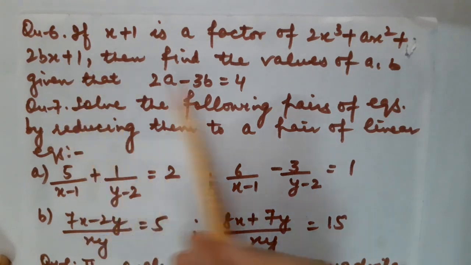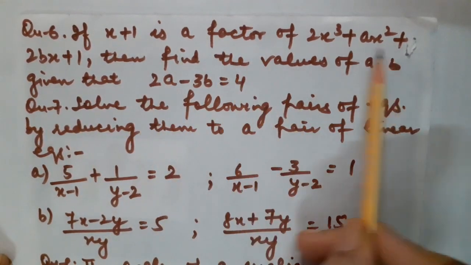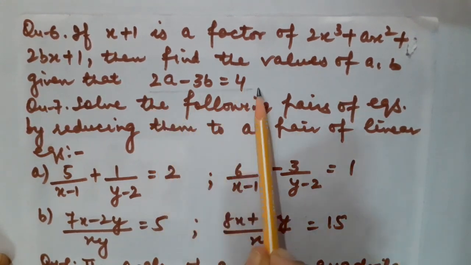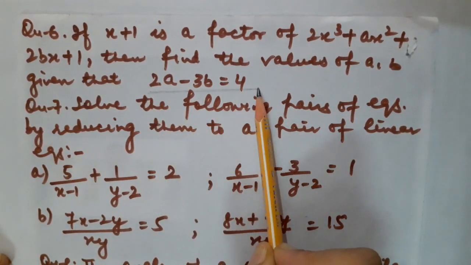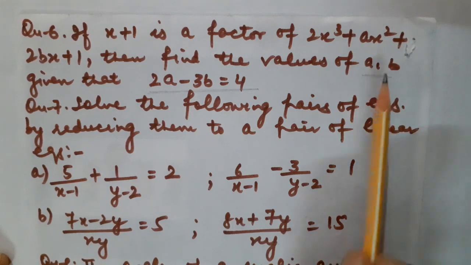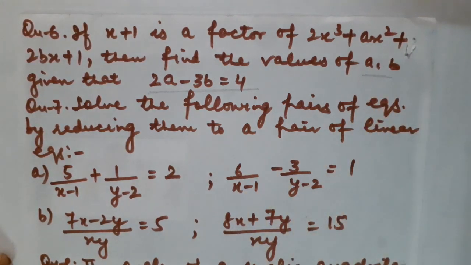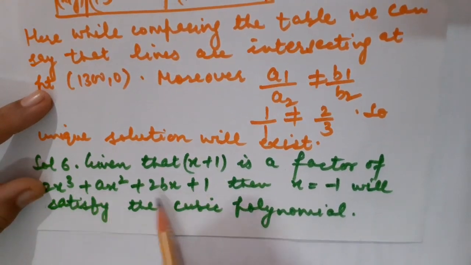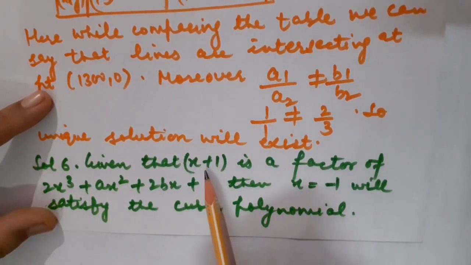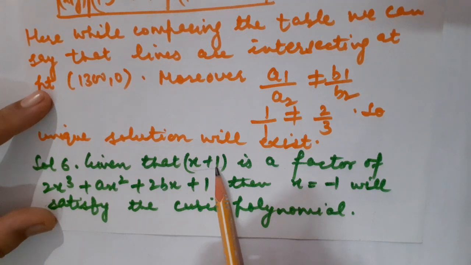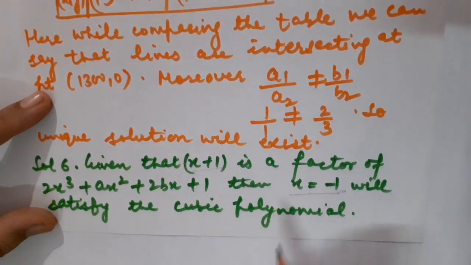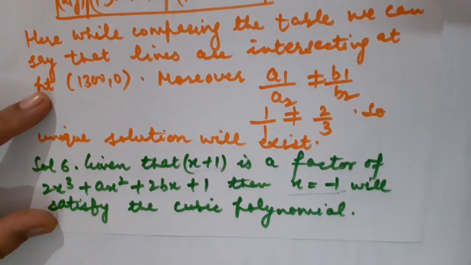Here is question number 6. X plus 1 is a factor of the given cubic polynomial, and you will be having one linear equation also given in two variables. You will have to calculate the value of a and b. Children, as you know that x plus 1 is a factor of the given cubic polynomial, if I put x plus 1 is equal to 0, it means x is equal to minus 1 will satisfy the cubic polynomial.